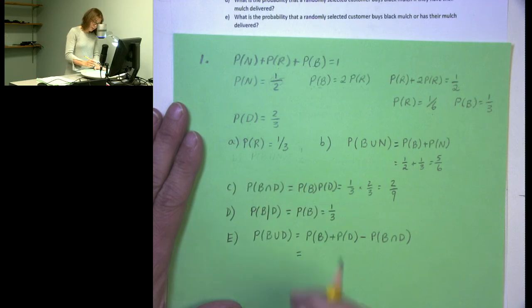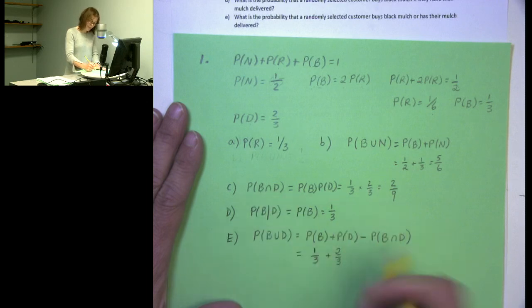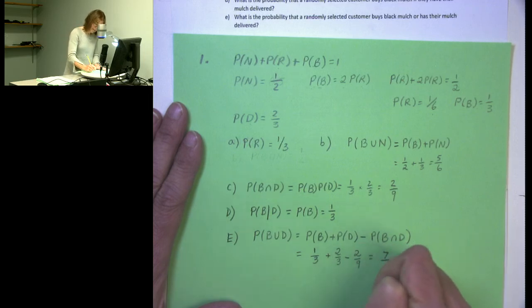Probability of buying black mulch, we said, was 1/3. Probability of having it delivered is 2/3. And the probability of having black mulch and delivered is 2/9, so we subtract that. And that gives us an answer of 7/9.